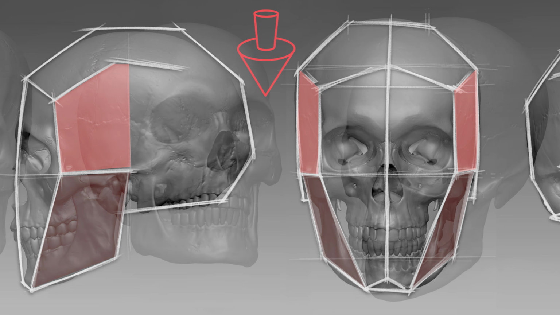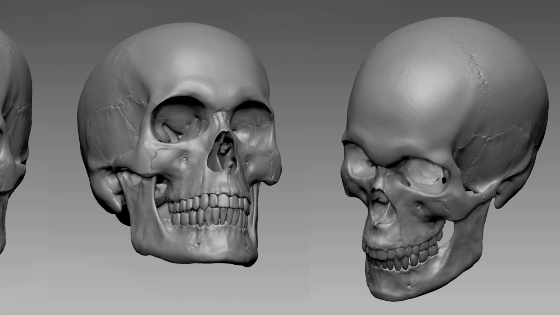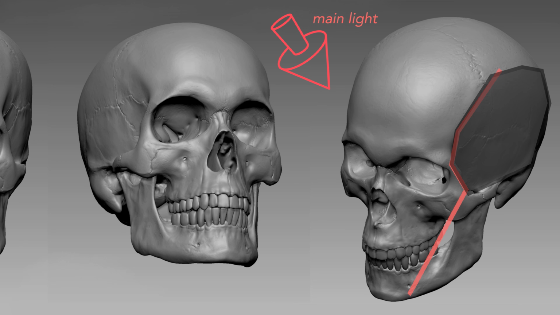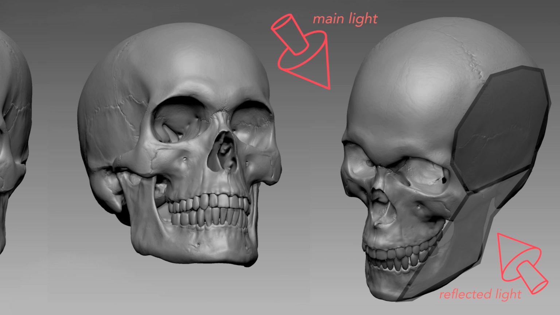Similarly, when we're looking at a lighting situation where there is a secondary light active, meaning that we have one light coming from the upper left-hand side, we have a main shadow edge here, and both the top and bottom plane, as divided by the zygomatic arch, are in shadow. That reflected light from a secondary source will tend to light more the downward-facing plane, leaving the upward-facing plane a little bit darker in relationship to its neighbor.